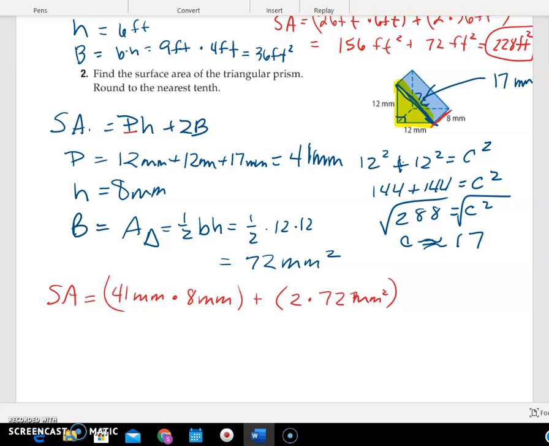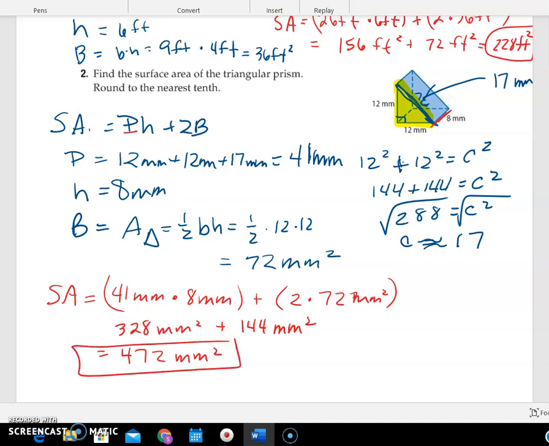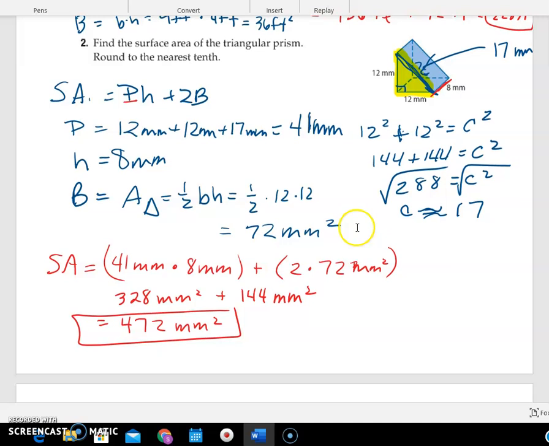All right, so 41 times 8 is 328 millimeters squared, plus 144 millimeters squared, and that total is 472. 472 millimeters squared is the surface area of that triangular prism. Now you could go around and find the area of each side, but I'm going to stick with the formula for right now.